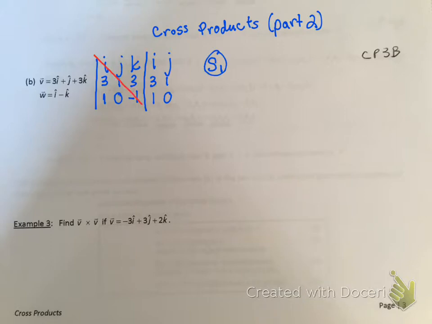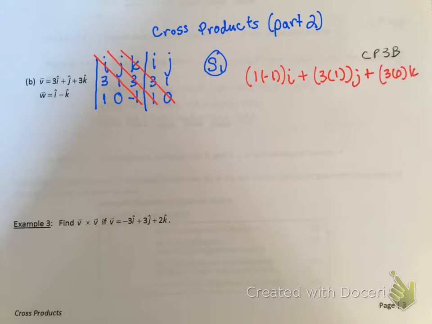So I'm working left to right. So I have 1 times -1, I, plus. Now I'm working on J. 3 times 1, J. And now K. Plus 3 times 0, K.